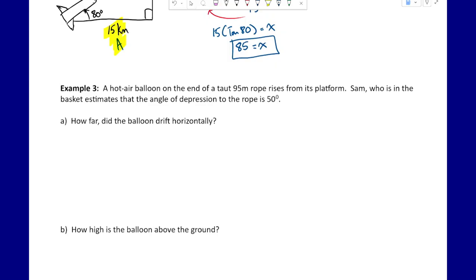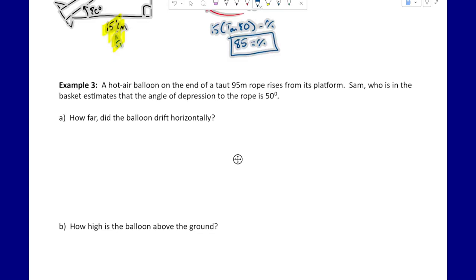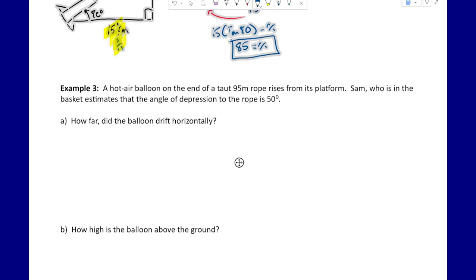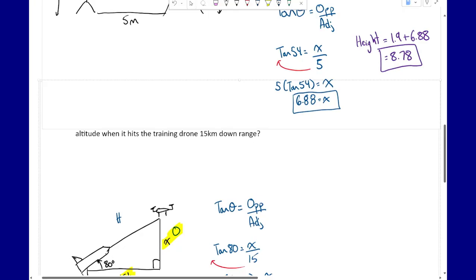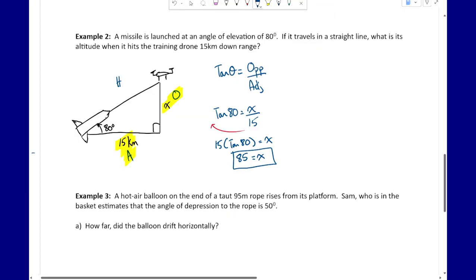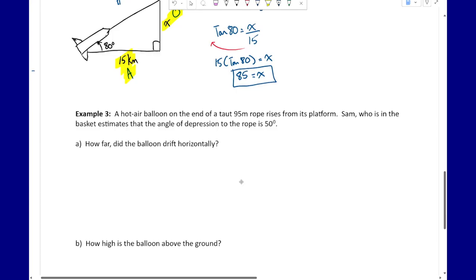So if we have our platform, and on this platform we have our rope, and we tie it to our balloon, and the balloon drifts away.